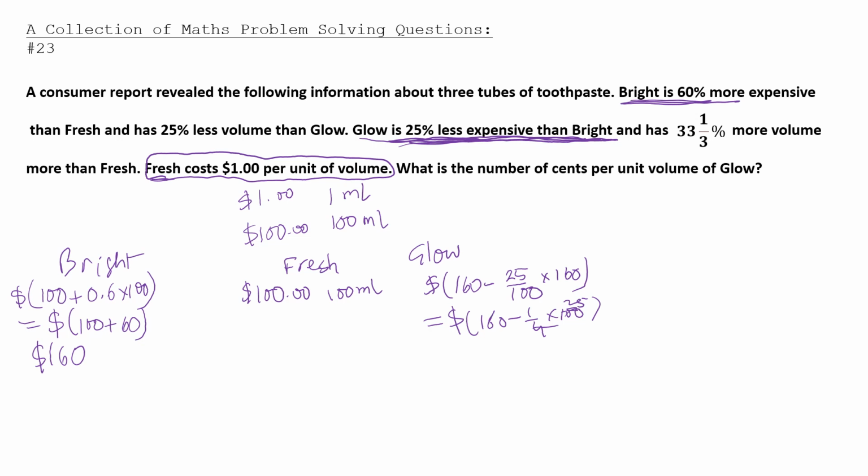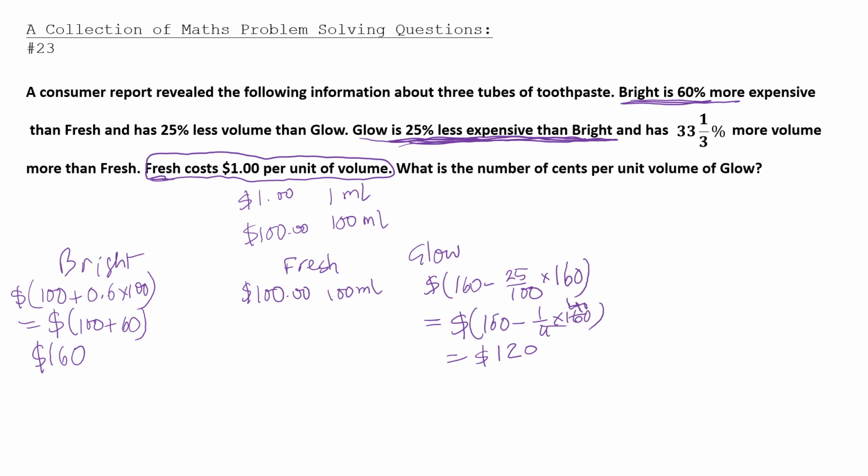Did I do it right? Yes, of not 100, sorry, 160. It's 25 out of 100 times 160, and that is $160 minus 1/4 times 160. So that's 40, and that gives me $160 minus 40, that is 120. So that's the cost of Glow.